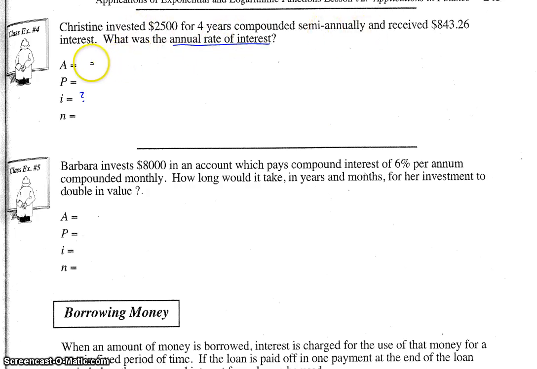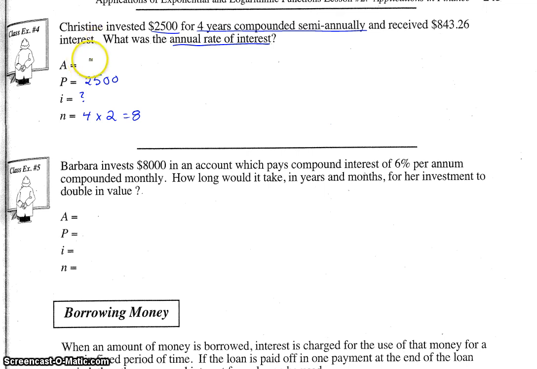And let's see what else we have. 2,500 is P, that's the amount initially invested. Our number of compound periods, we have compounded semi-annually for 4 years, so that'd be 4 years times twice per year, so 8. And A is our final amount.